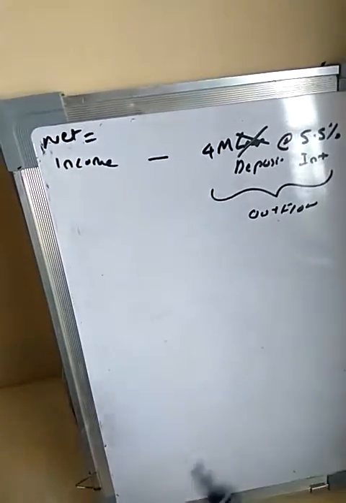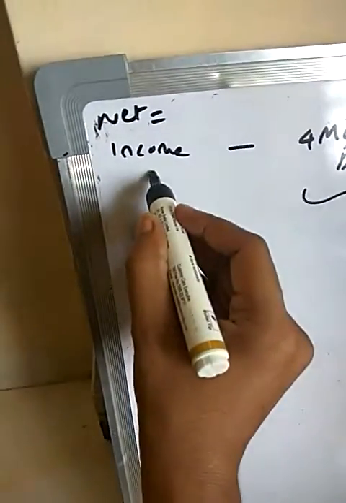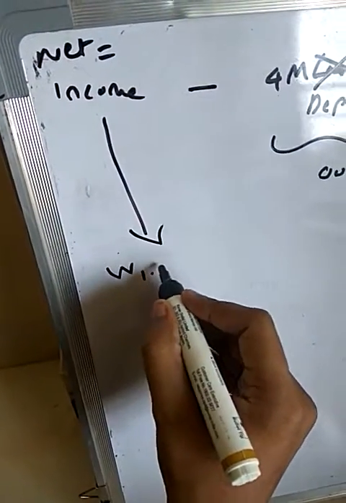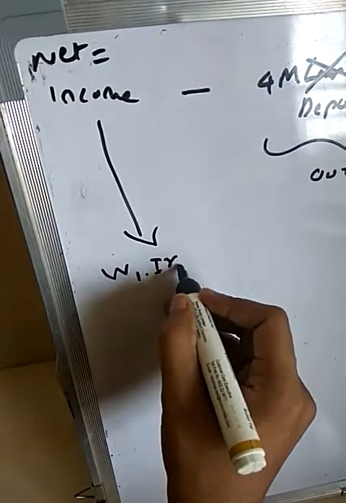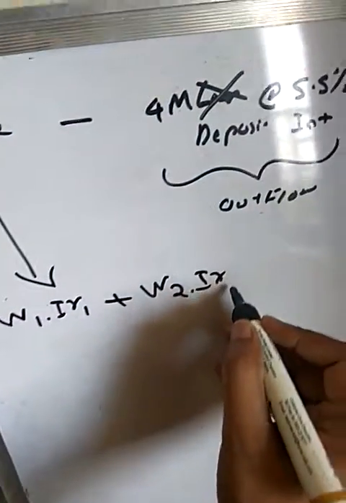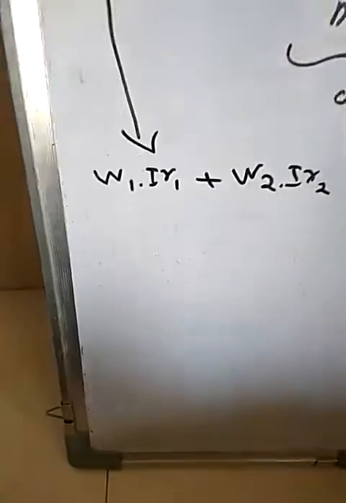Now what is the income that they are going to get? Income is equal to weightage 1 into interest rate 1 plus weightage 2 into interest rate 2. What is weightage?